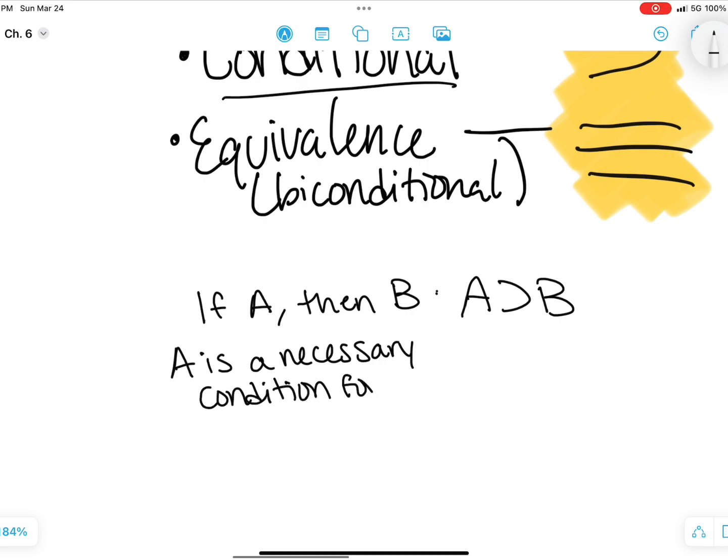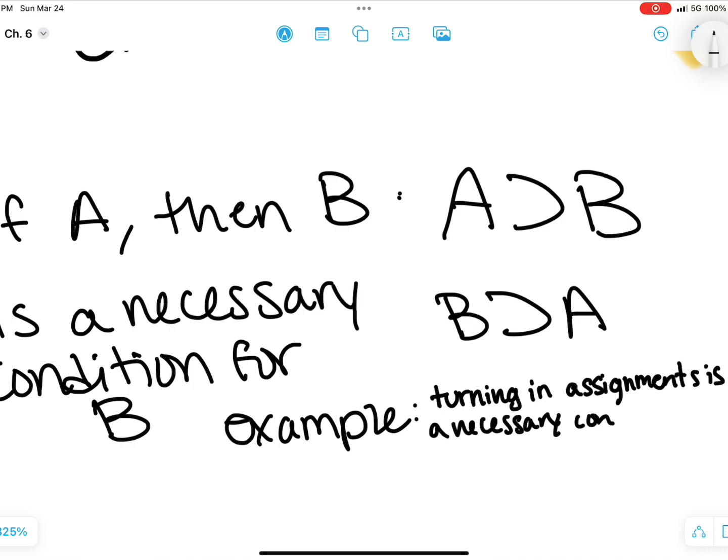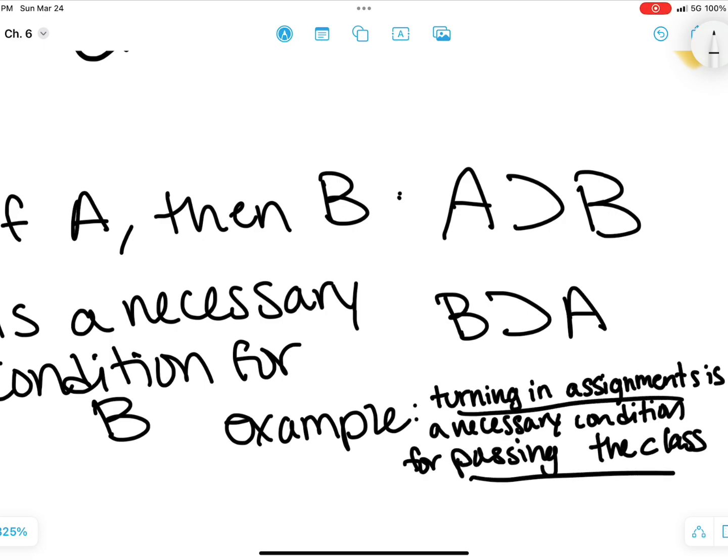We can also think of conditionals in terms of necessity and sufficiency. If A is a necessary condition for B, that gets translated as B horseshoe A. Let's look at an example to see why it gets translated this way. Here's an example of a sentence that I think is true in general: turning in assignments is a necessary condition for passing this class.